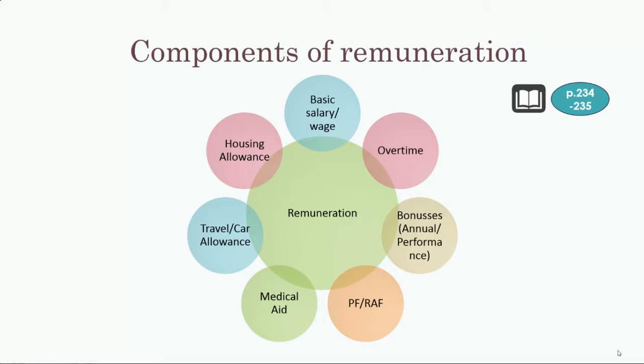Then any pension fund or retirement annuity fund contributions from your employer will be included. Any medical aid contributions from your employer will be included. If you get a travel or car allowance, that would also be included, or if you get a housing allowance. So those are the components of remuneration. But remember, these are not expenses that are paid. It is money that you receive from, or benefits that you receive from your employer.